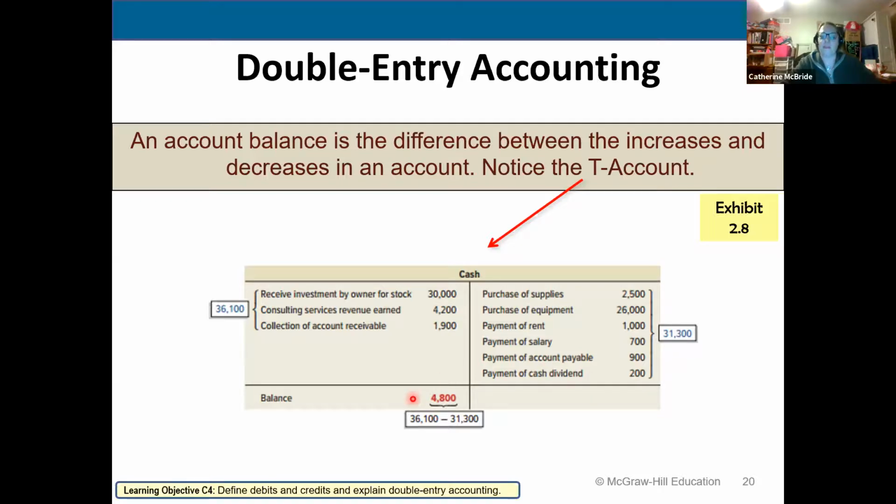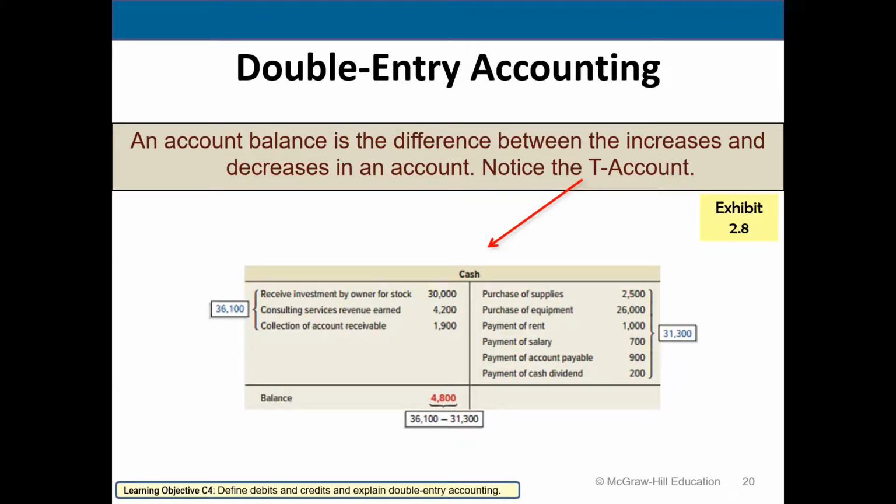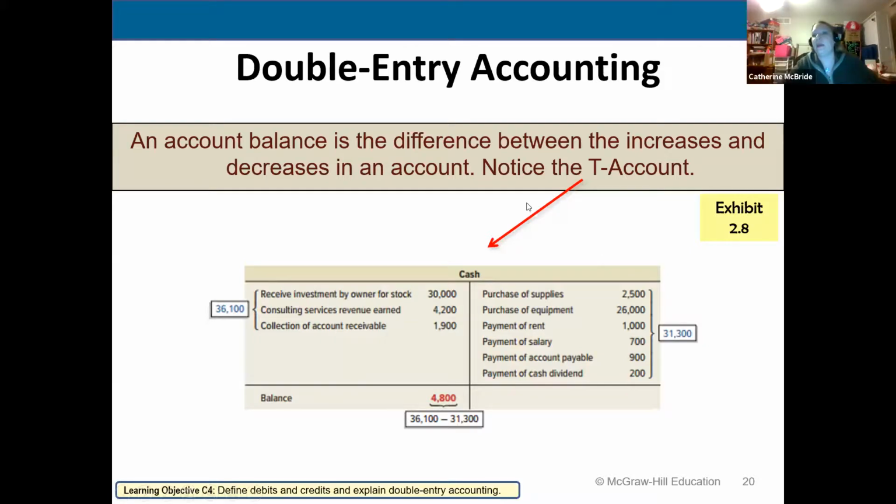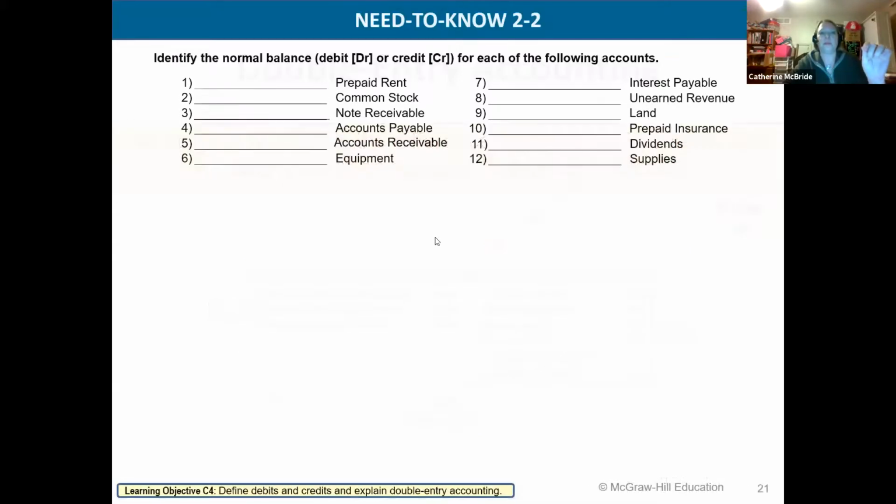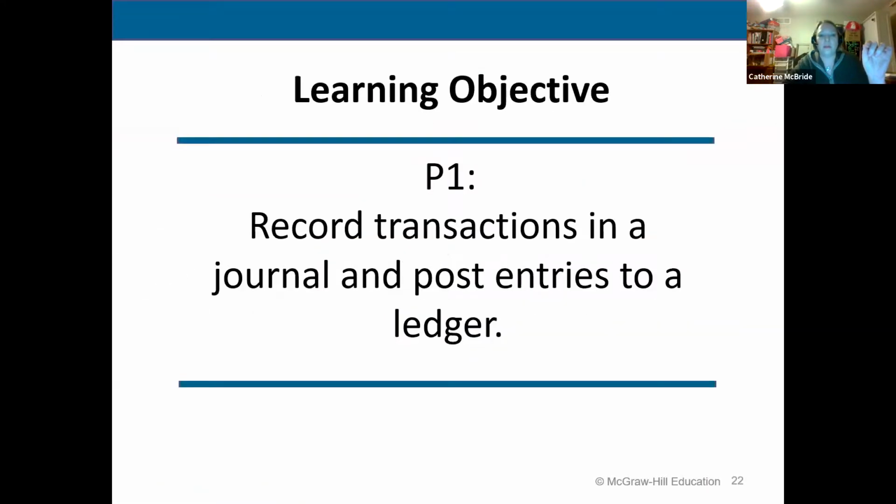So my balance is 4,800. Does how the T account work make sense? Yes. Okay, so when you're doing a T account, it's a tool and we're looking for one number. I'm going to skip through this.